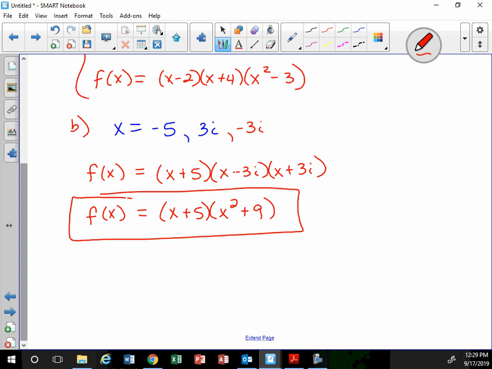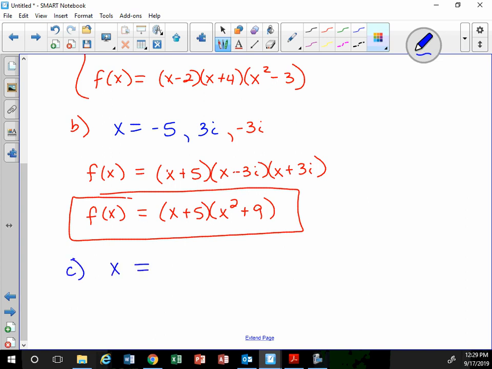Because remember the direction said real coefficients? I don't want you to leave it with the i's in it. I need you to either multiply that out or, okay, I recognize that if I've got plus or minus 3i, this is what's happening, okay?